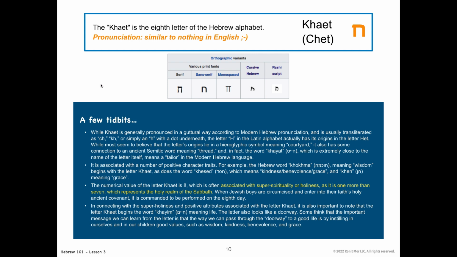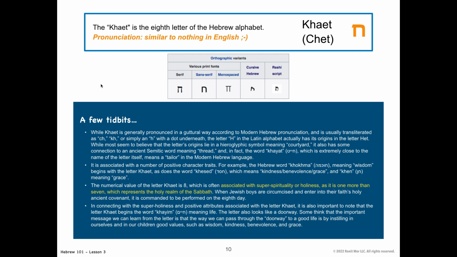While chet is generally pronounced in a guttural way according to modern Hebrew pronunciation, and is usually transliterated as ch or kh or simply an h with a dot underneath. The letter h in the Latin alphabet actually has its origins in the letter chet.